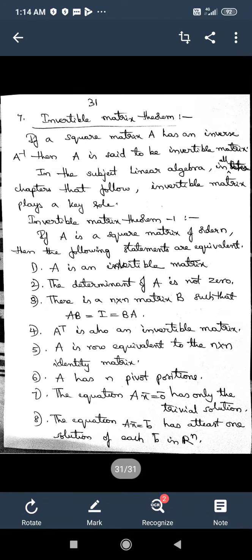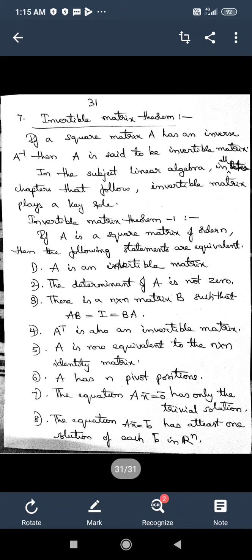Now let us move on to the last prerequisite for the topic linear algebra, and that includes the term invertible matrix theorem. Already we have come across the definition of the inverse of a matrix. Now when do we say a matrix is an invertible matrix? If a square matrix A has an inverse, A inverse, then A is said to be an invertible matrix.